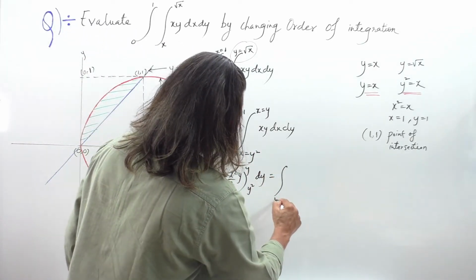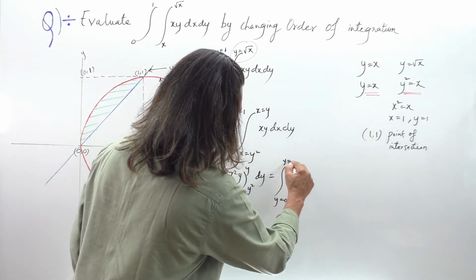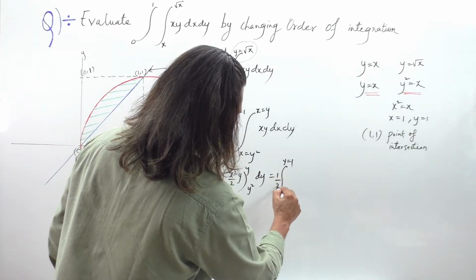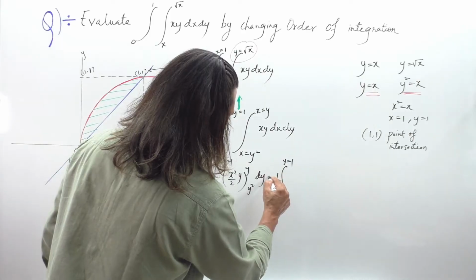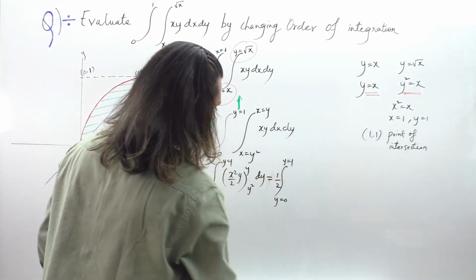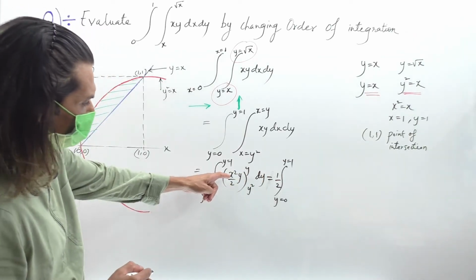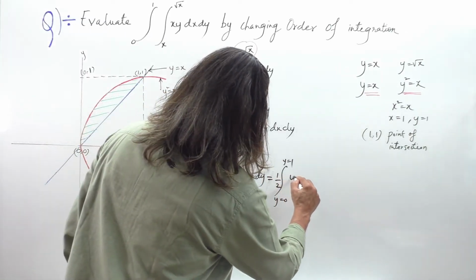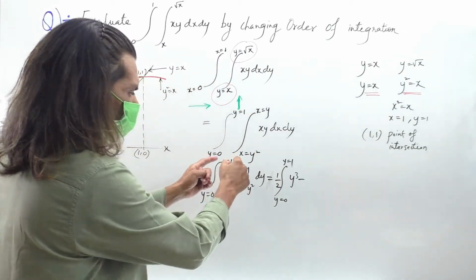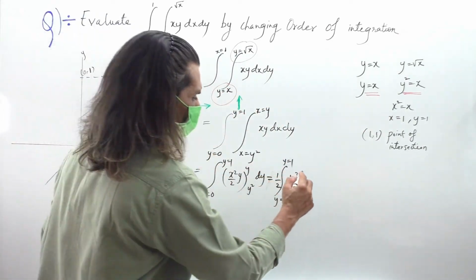So y is equal to 0 to 1, y cube. I will take 1 by 2 outside; it's better to take the constant outside, it will be easier to solve the question. Now in place of x put y. So this will be y cube minus, in place of x put y squared, squared is y raised to 4, into y is y raised to 5.